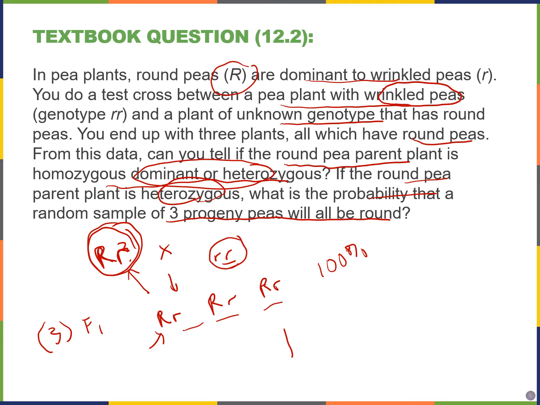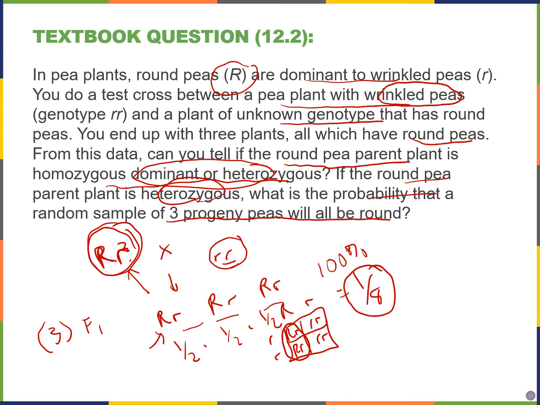So I could do my Punnett square, big R, small r, small r, small r. So it looks like half a chance every time. So it would be 1/2 times 1/2 times 1/2. That would be 1 out of 8. So I have a 1/8 chance that all 3 progeny peas will be round.